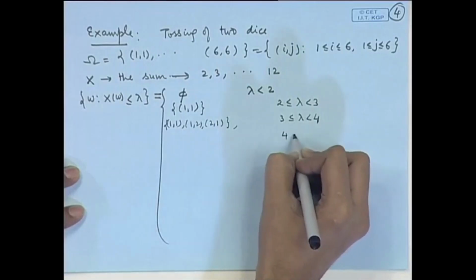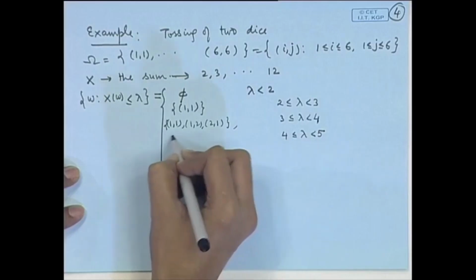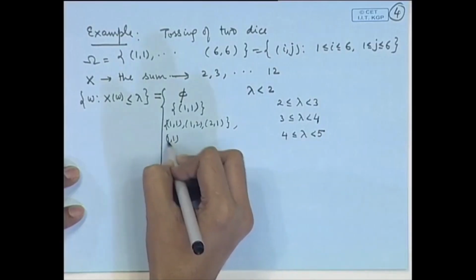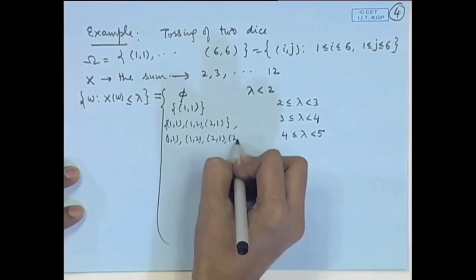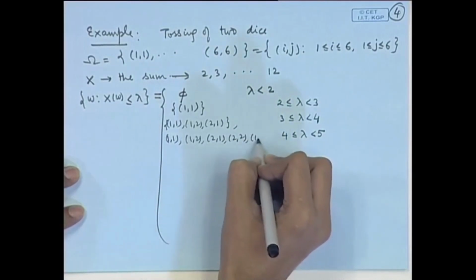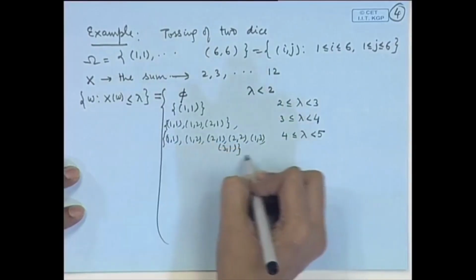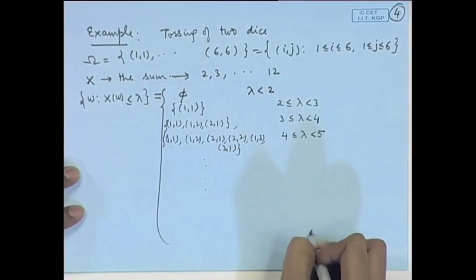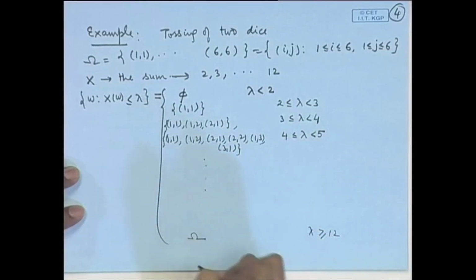If I have lambda greater than or equal to 4, but strictly less than 5, then this will become (1,1), (1,2), (2,1), (2,2), (1,3), (3,1). Like that, if I say lambda is greater than or equal to 12, then this will be full omega.